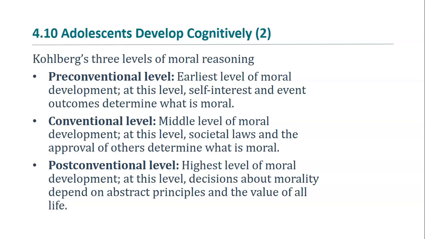During childhood, the conventional level takes over. In this level, what's important is what are the rules, what are the laws, and how do people look at me when I violate those? That is, if there's a normal part of behavior and I violate that and people shun me because of it, I will tend to think that it's wrong.